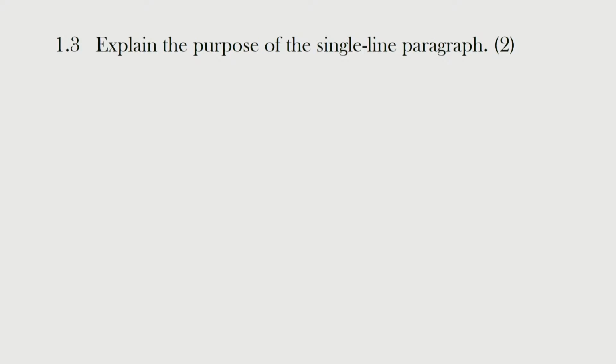Now, before we go on to look at mark allocation, why then has the author used a single line paragraph? Obviously, the author used the single line paragraph deliberately. You have to now look into the mind of the author to know why this was done.